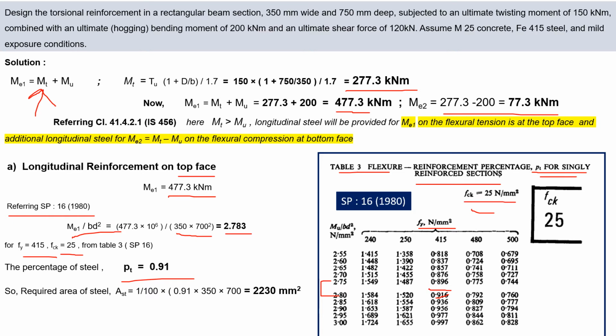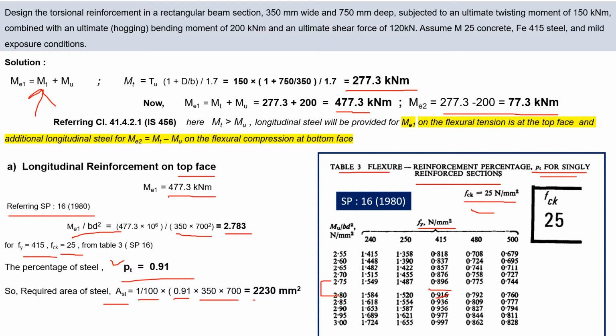Correspondingly, we can find out the area of steel required, since pt can be taken as equal to area of steel divided by 100. You have to keep in mind that pt is the percentage of steel. So the area of steel we have to calculate is 0.91 divided by 100, since it is a percentage of steel, into b and d, the width of the section and the effective depth of the section.